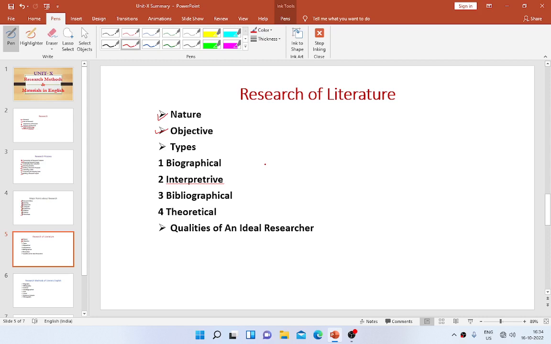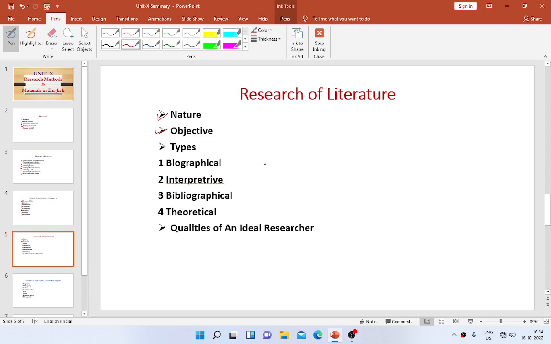Command of the language in which the research will be initiated is also important. A researcher should have a social and intellectual background. Knowledge of literary movements is mandatory for literary research, to know how various movements impacted the text and the writers.